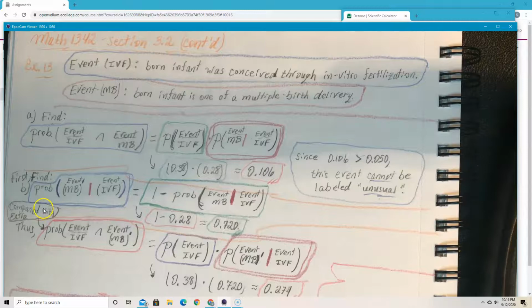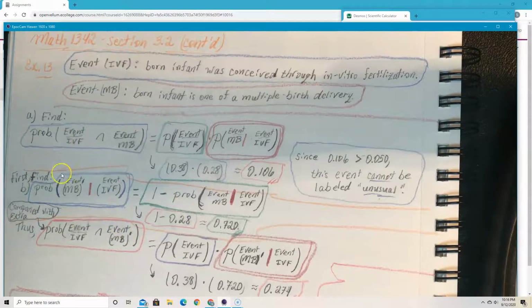Compare this with this, where it can get a little frustrating. This means of all babies born, what's the probability that they were conceived through IVF, in vitro fertilization, and they were not part of a multiple birth?